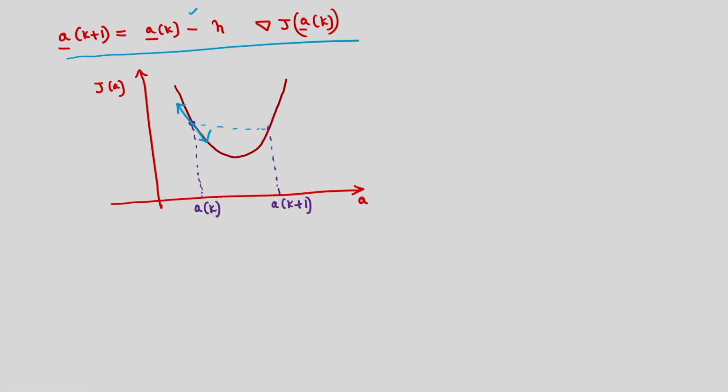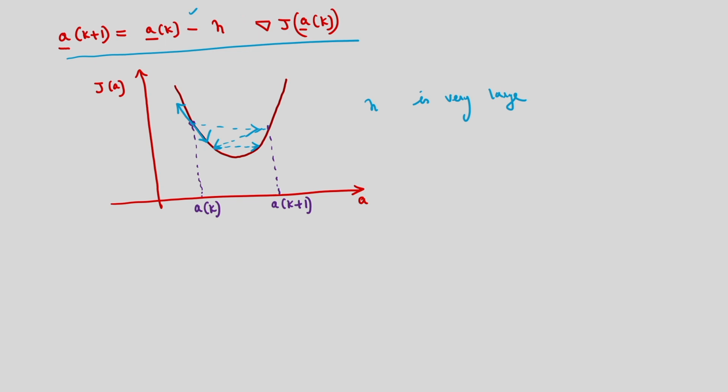So it may go to this point if eta is very large, and after this it may move to this point, and again to this point, that means overshooting the value, and oscillation is taking place if eta is very high.